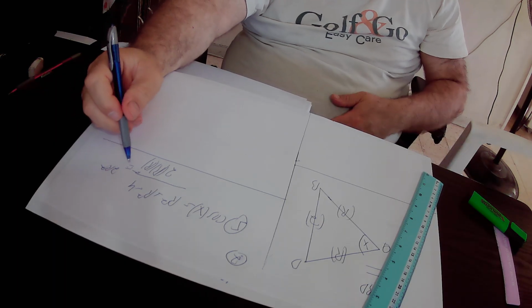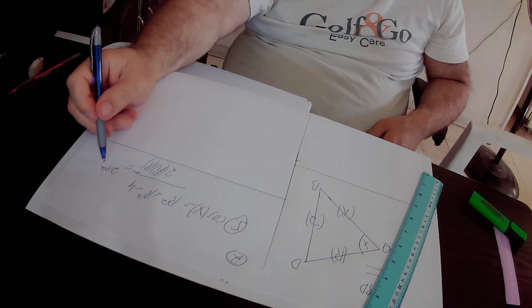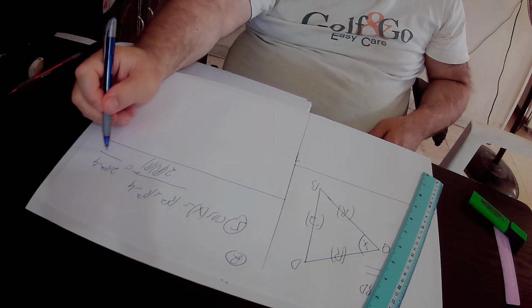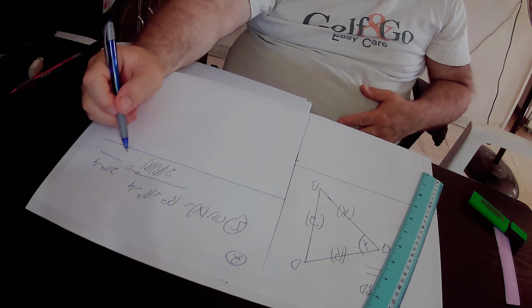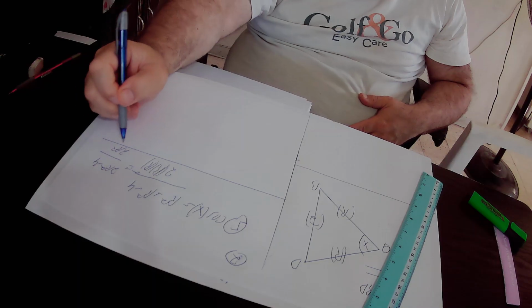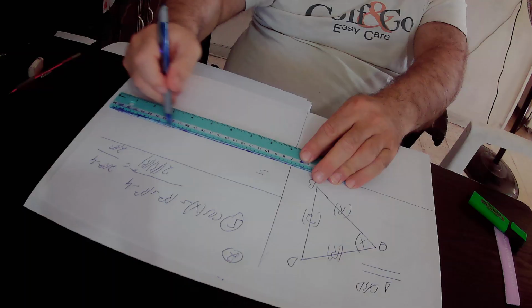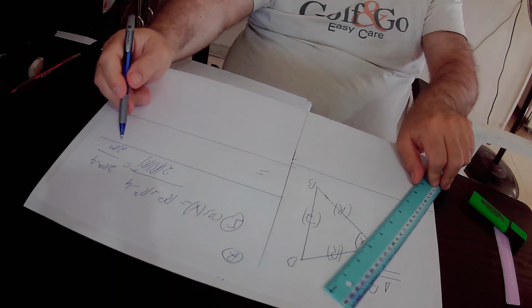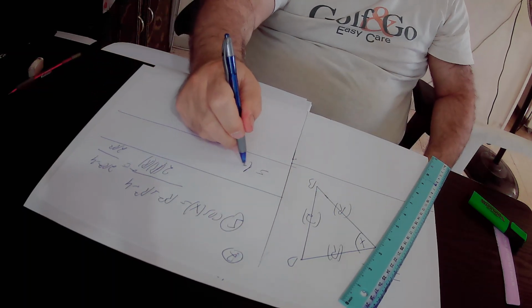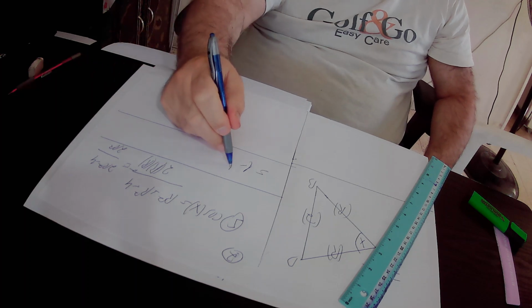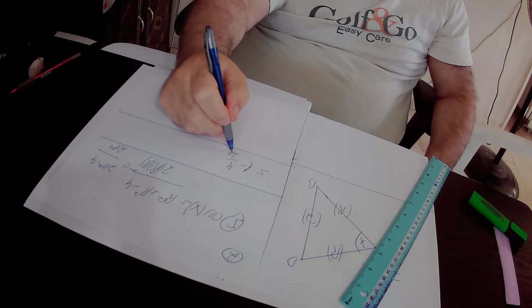So in total, in the numerator of this expression, we have 2R squared minus 4, divided by 2 times R times R, that is 2R squared. So here we have 2R squared over 2R squared is 1, and we have also here minus 4 over 2R squared.